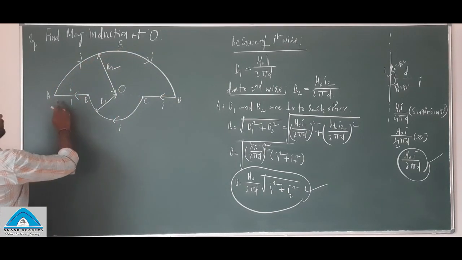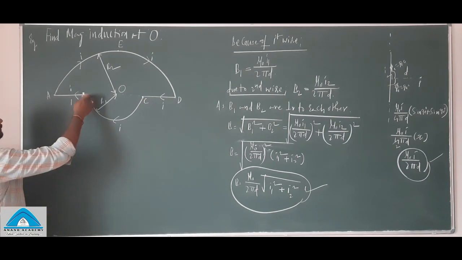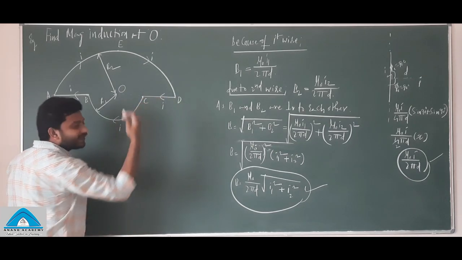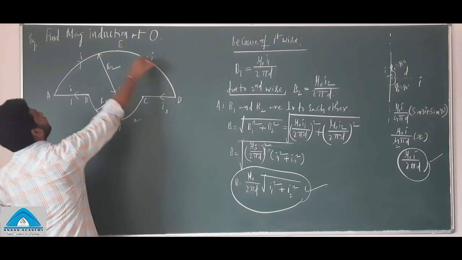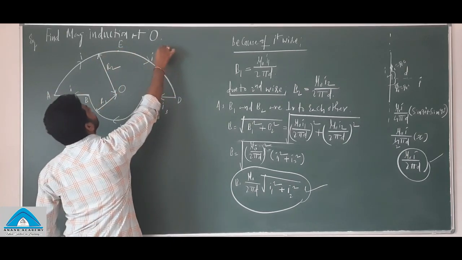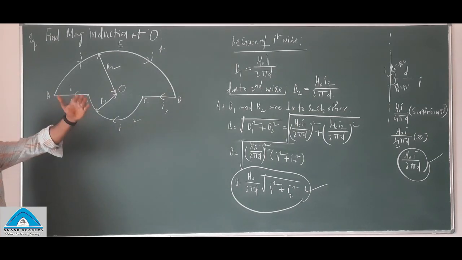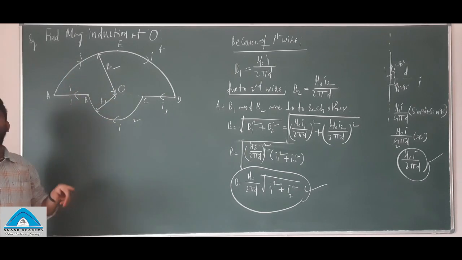Starting from A, B, it's a straight line. B to C, it's an arc, second one. C to D, again it is a straight wire, third one. Again D, E, A, this is an arc, it's 4. So there are 4 magnetic fields at this point O due to 4 wires.